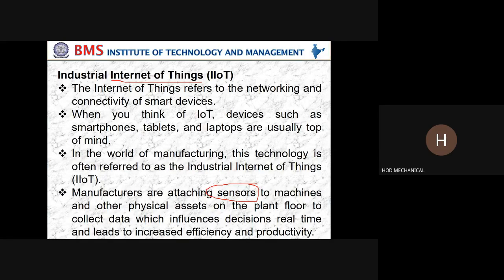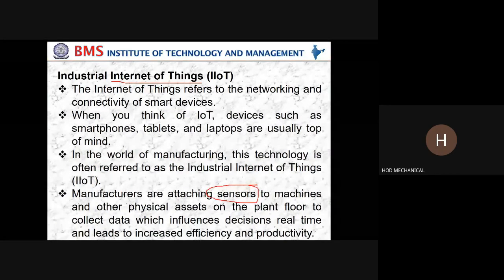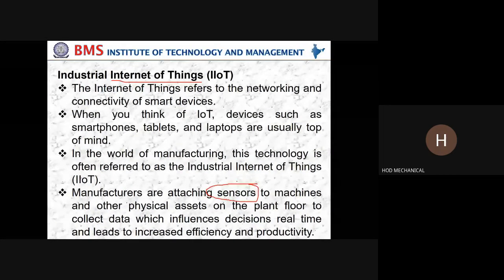Now if you can collect the different information from the sensors, and network them together and connect them together, you have achieved the industrial internet of things. Therefore, with reference to Industry 4.0, this is one of the important components. In a way, it gives the information so that we can take the appropriate decisions.